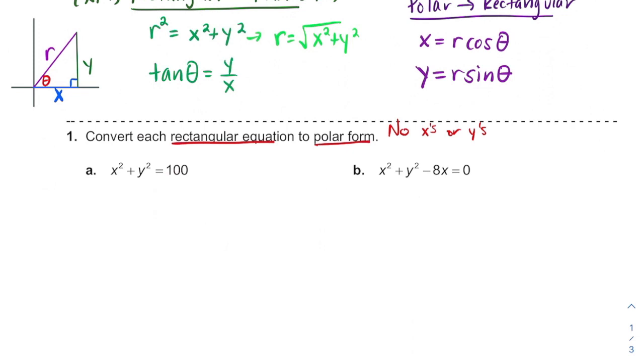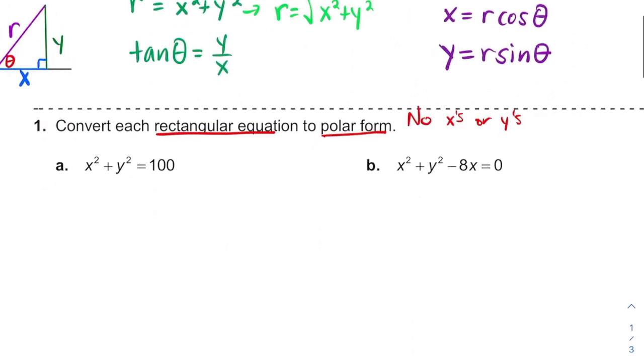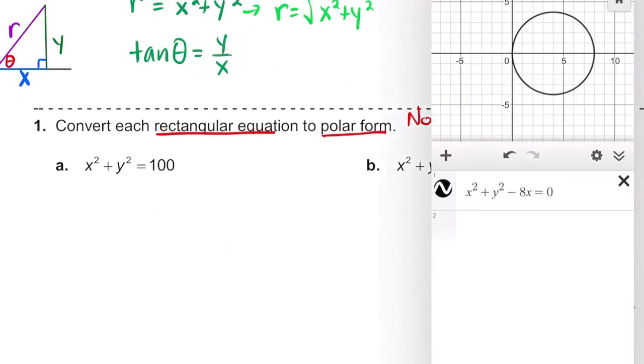So part A here, x squared plus y squared equals 100. I want you to stop and think: this is a conic section. This is either an ellipse, circle, hyperbola, or parabola. Do you remember, based on our flow chart, which one is which? If you forgot, let's go ahead and graph it.